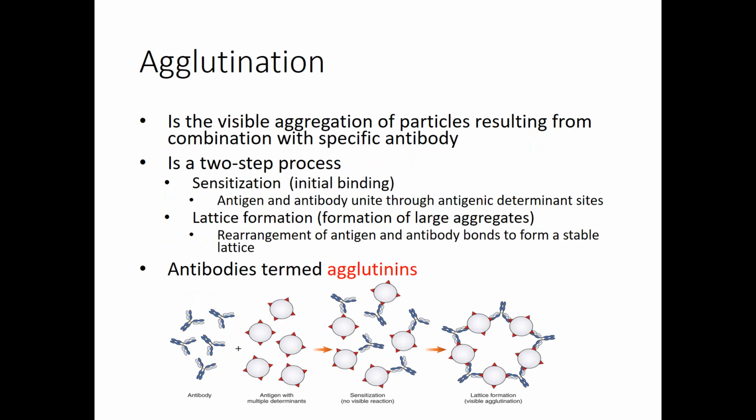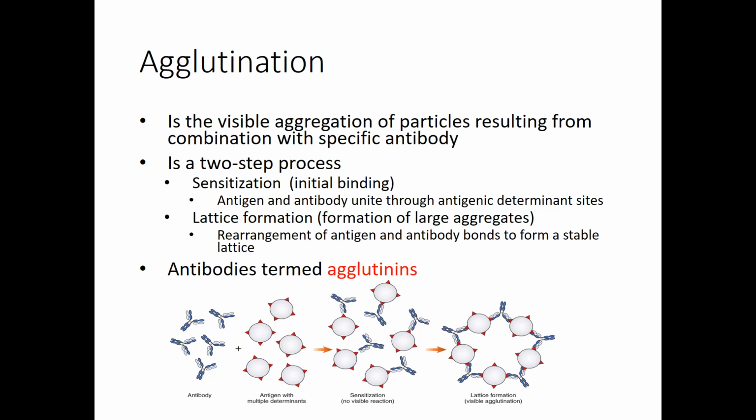But first, let's look a little more closely at the agglutination reactions. As I said, agglutination reactions utilize soluble antibody binding to a particle. So the antibody is soluble always, and the particle is not. So the antigen is on a particle.